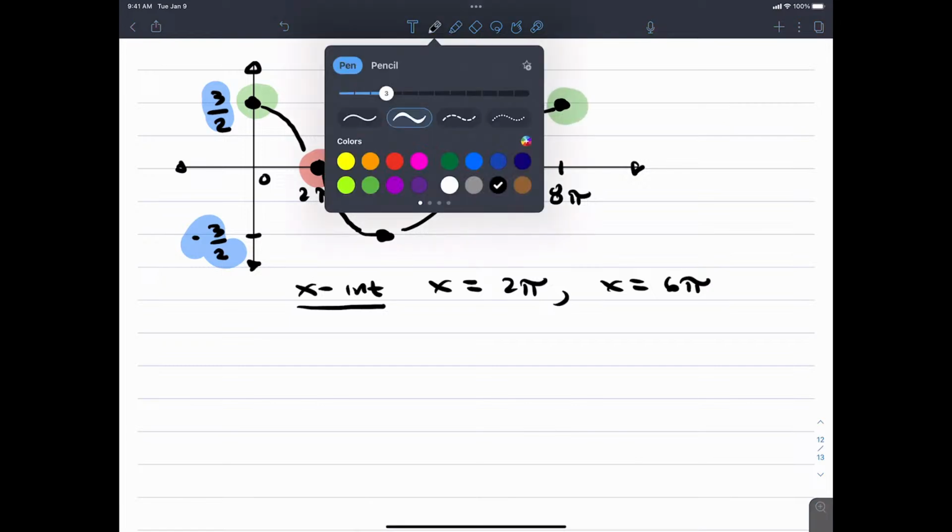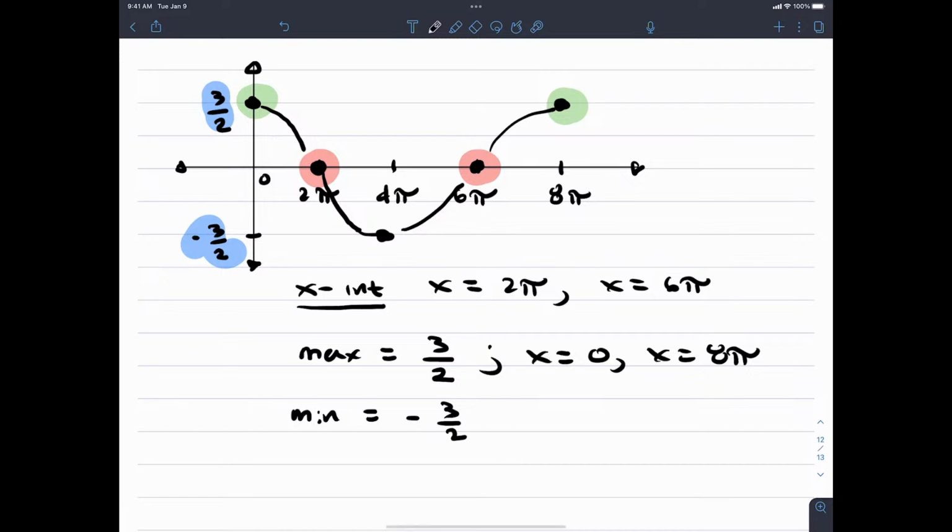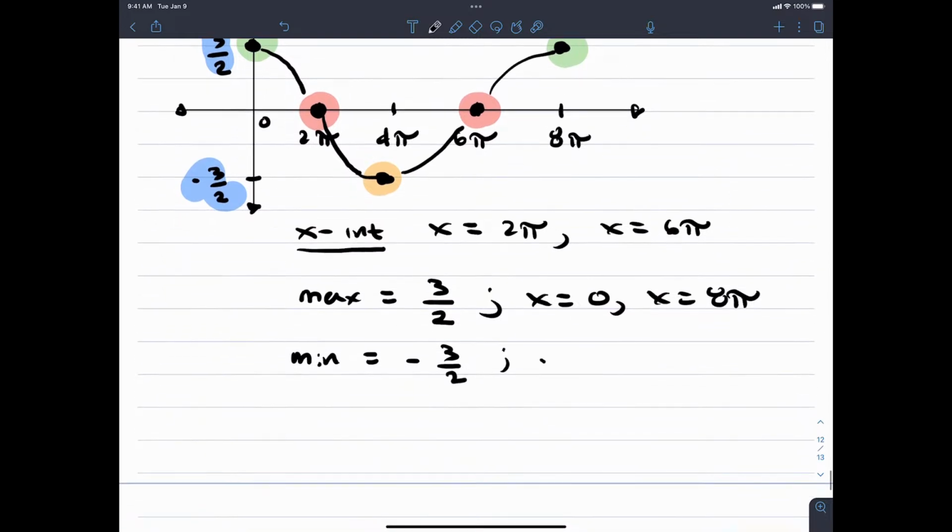You're at a max. What is the max, by the way? Right? You're on top of a hill. What's the altitude? 3/2. When does that happen? When x is what? And when x is what? Okay. You're at a minimum altitude. Where is that? Okay. And then x equals what? 4 pi.